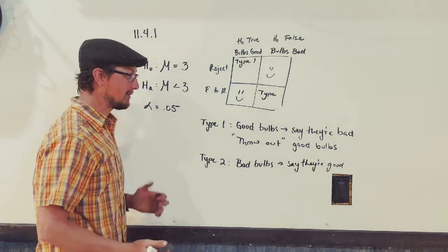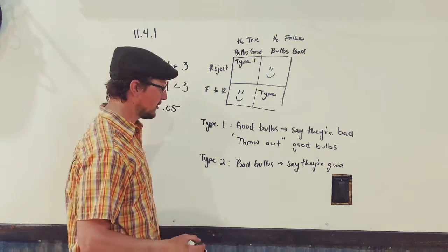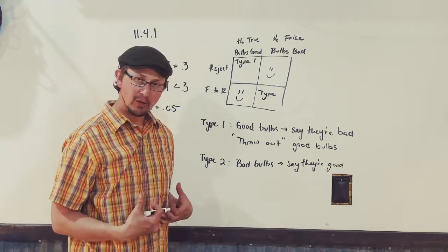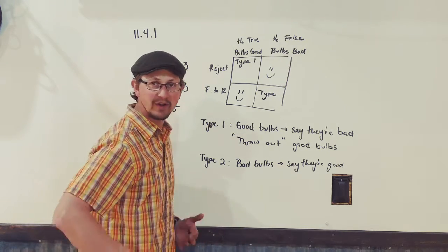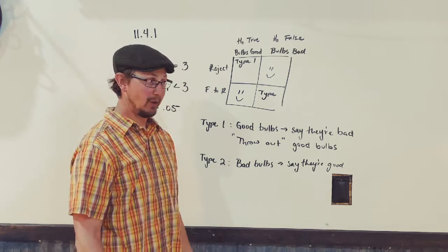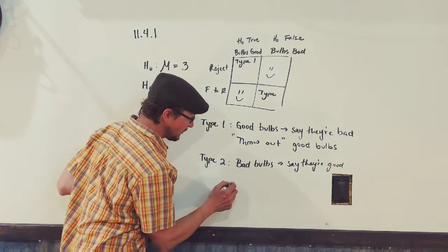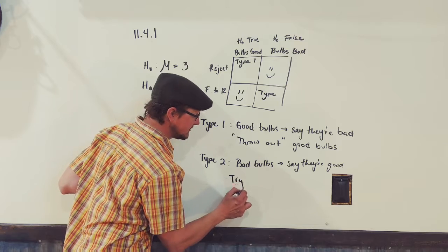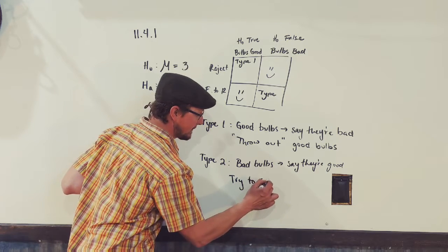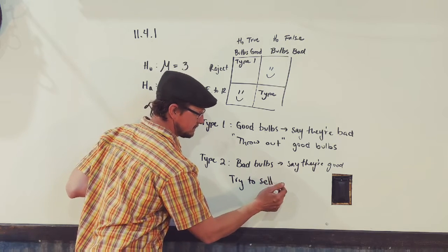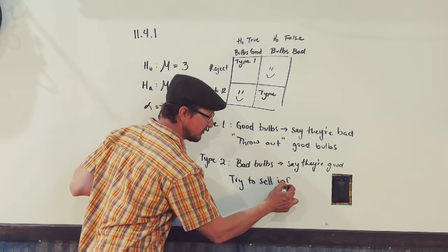So what happens in this particular situation? If you think the bulbs are good as a manufacturer, you're going to sell those bulbs. You're going to put those out onto the market. So if we're saying they're good, we're going to try to sell inferior bulbs.